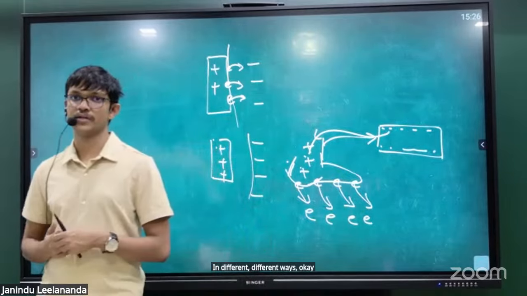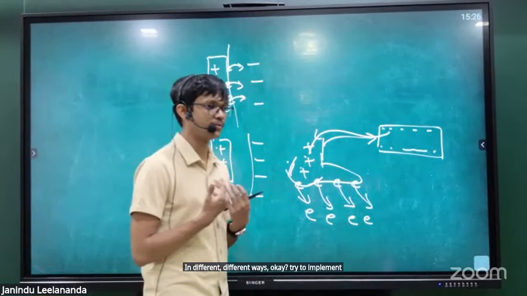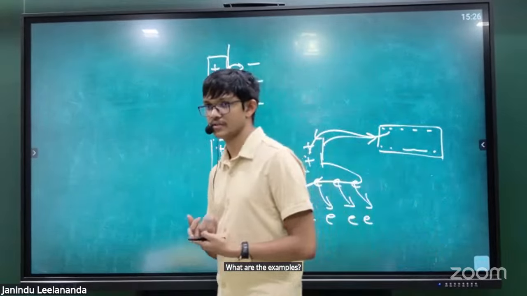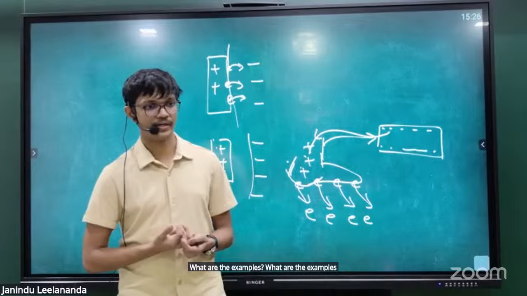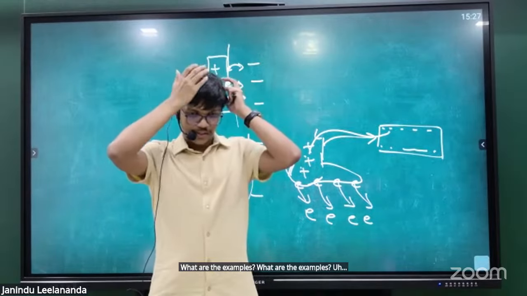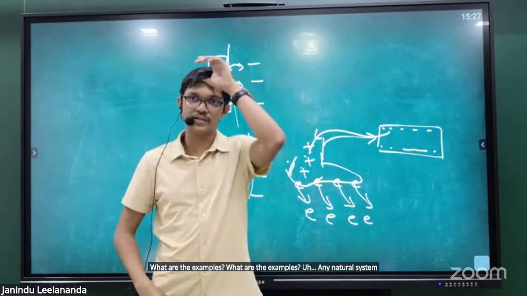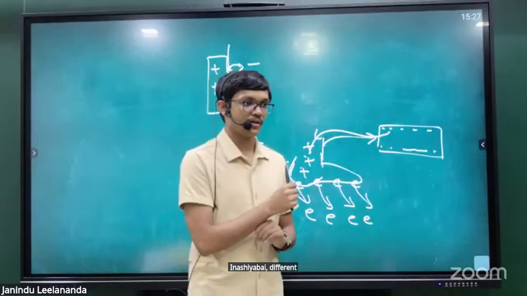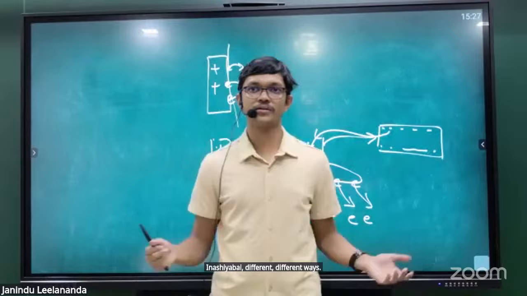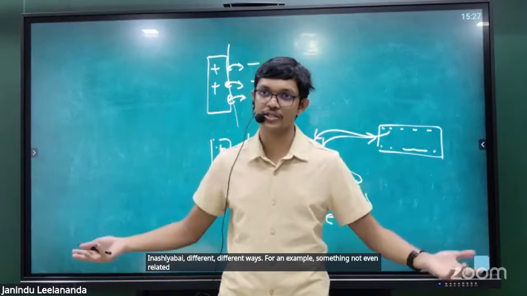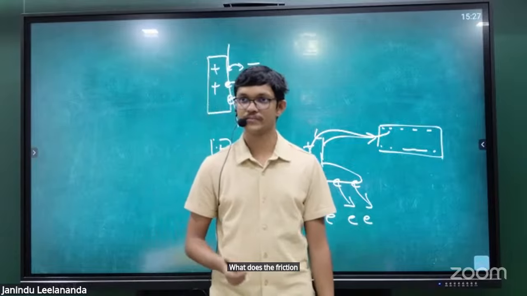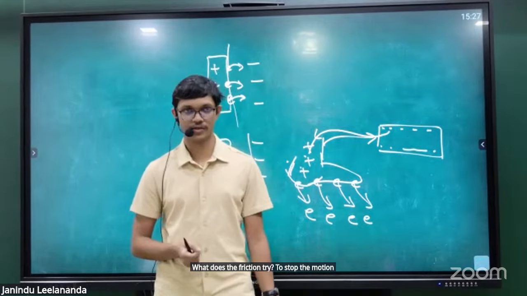Okay. Clear? What are the examples? Any natural system would try to implement inertia in different ways. For example, something not even related to this, friction. What does friction try to do? To stop the motion.